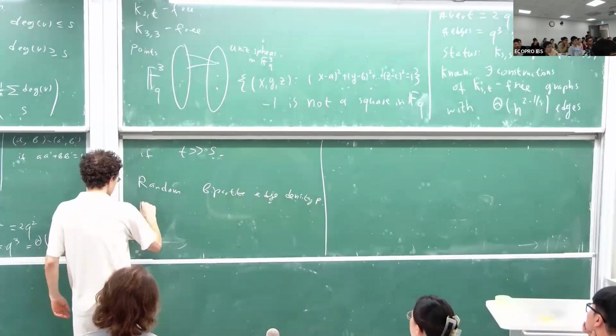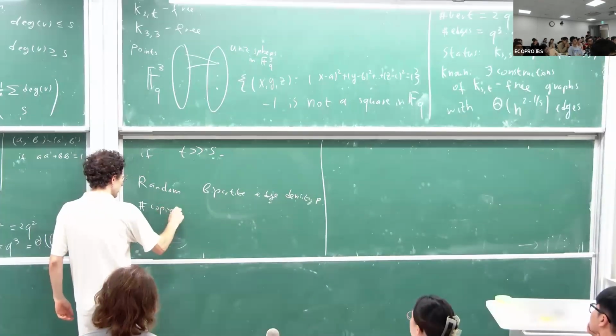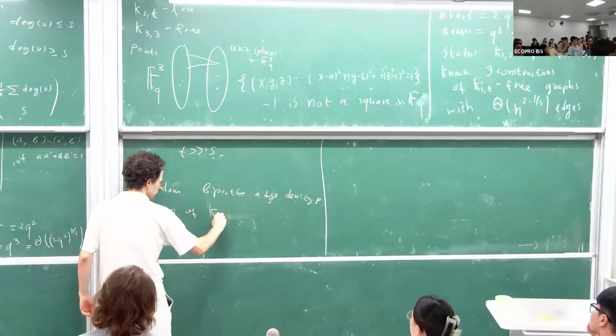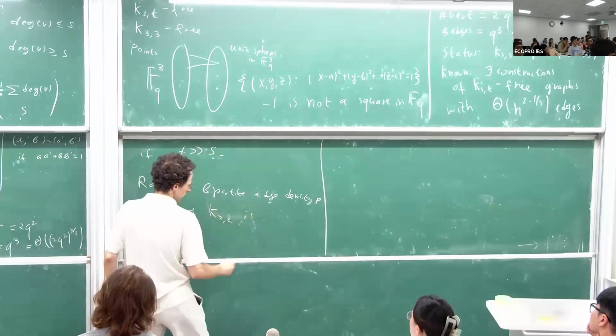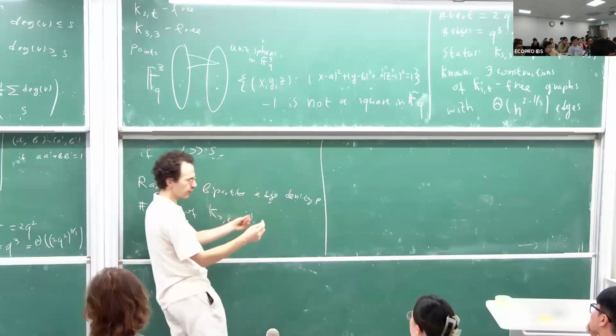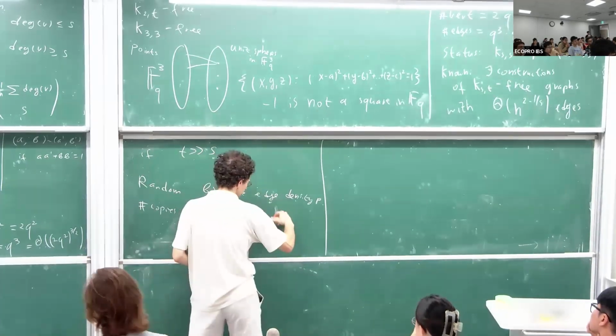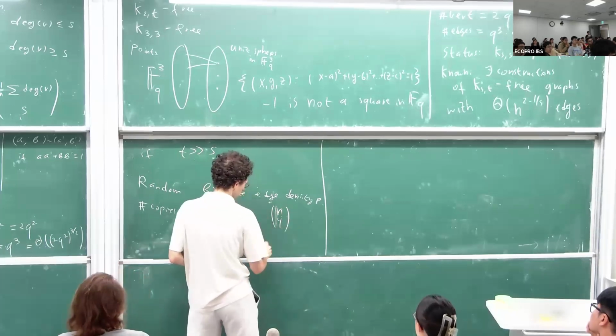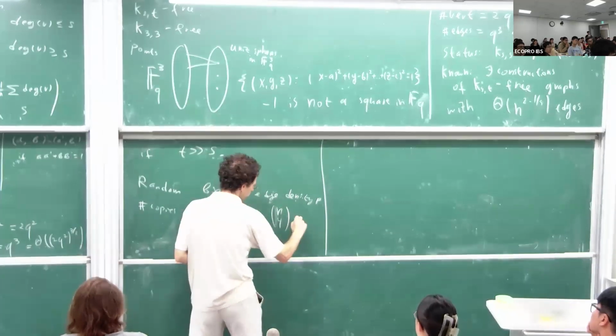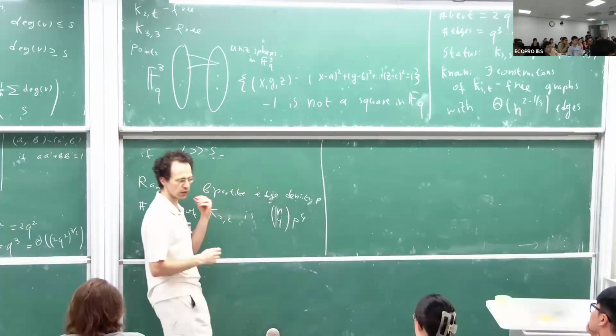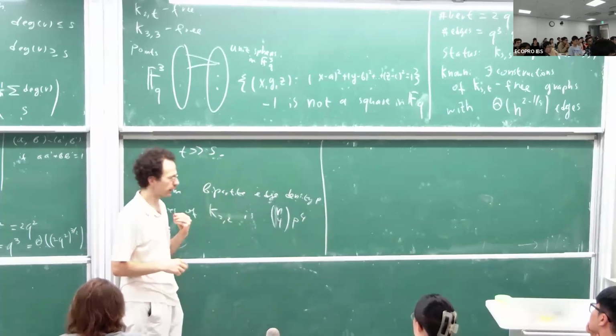Well, the number of copies of, say, K_{2,2} is, if I fix 4 vertices, so there are n choose 4 choices, and the probability it's going to be K_{2,2} is P to the 4th, okay?